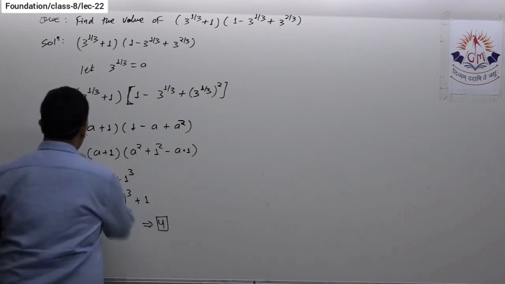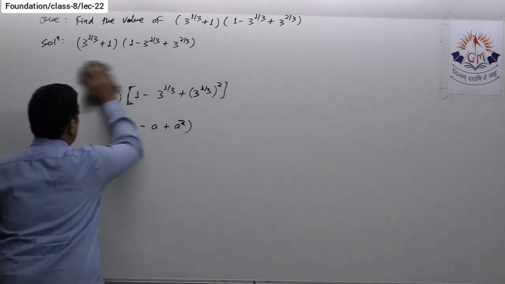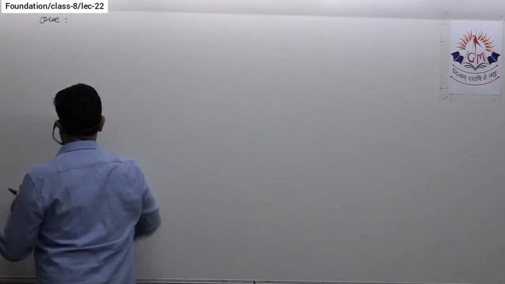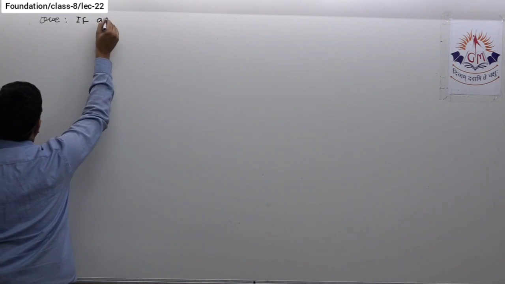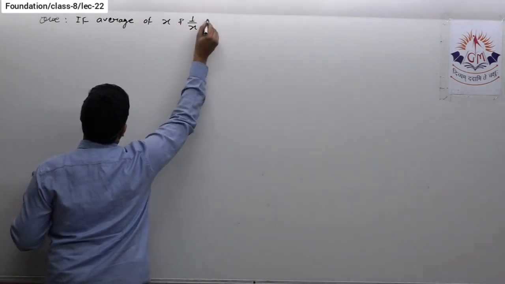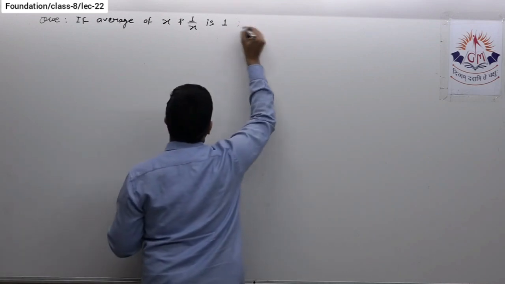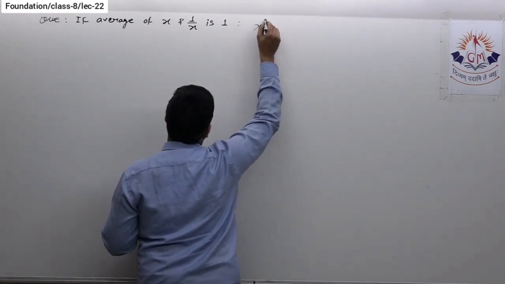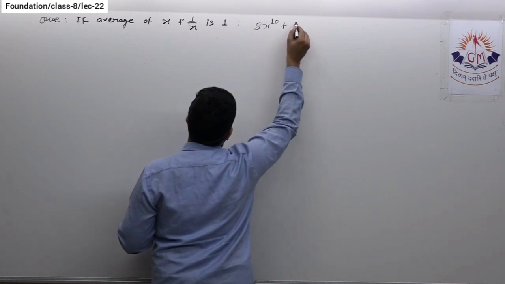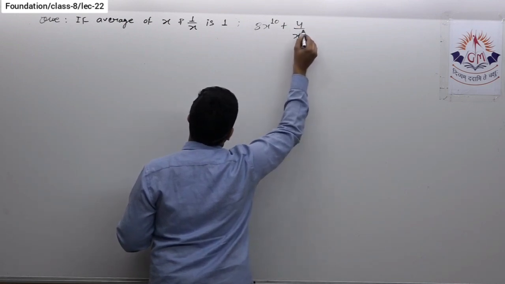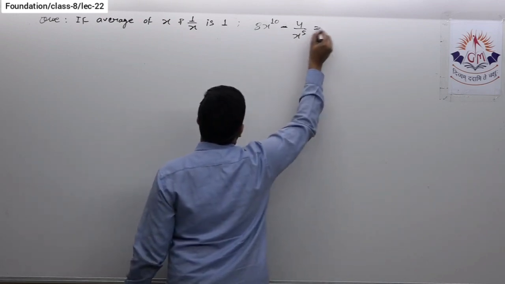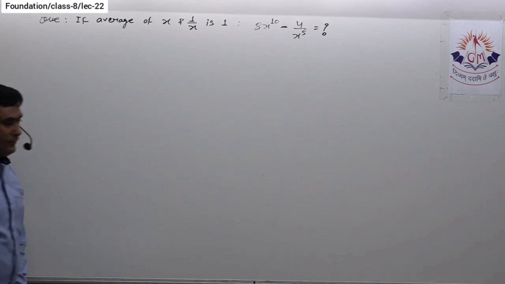Okay, let us see the next question. Next question is: if the average of x and 1 upon x is 1, then find the value of 8x^10 + 4/x^5 - 4/x^5.